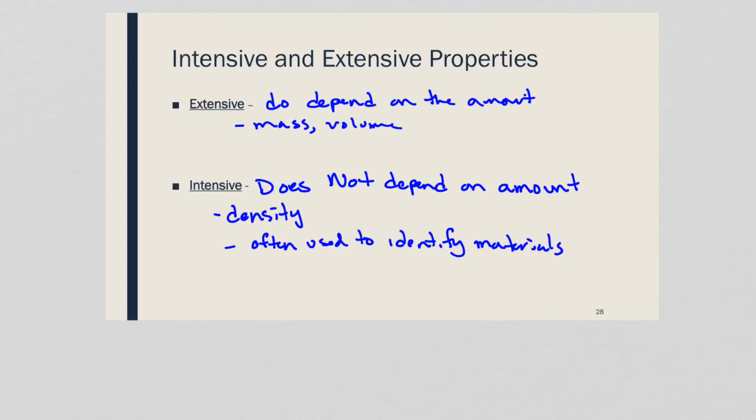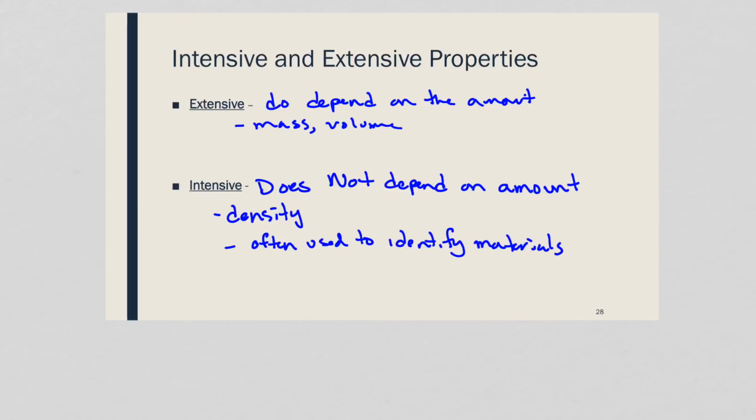So if I have more material, the mass is going to go up, right? More material, the volume is going to go up. So as a result, because these change with the amount, they can't be used to identify the material. So if I know what the mass of something is, that's not going to allow me to tell what it is. But if I know the density of that material, well, that may allow me to identify what the material is. So extensive properties can't be used to identify a material.